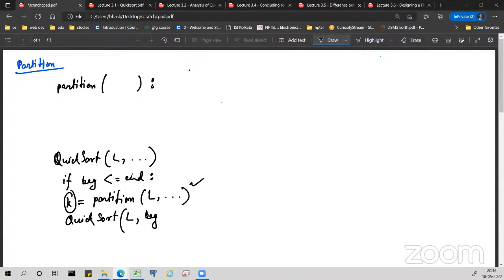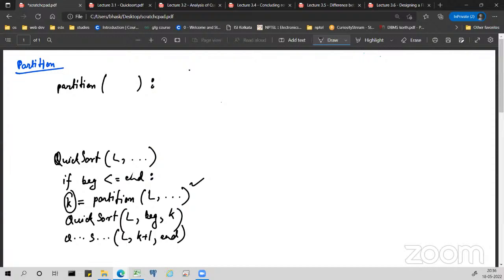But the breaking in quick sort would be from beginning to the kth index and from the k plus 1th index to the last. Got it? It's not two equal halves. It may be equal if k is at the middle, but it may not be equal, right? So I do a break from beginning to k, and then I again call quick sort, and that break would be from k plus 1 to end. Fine, so this is my quick sort.